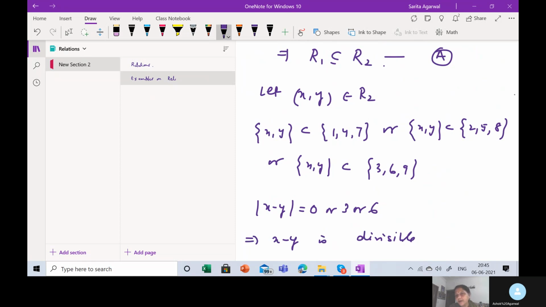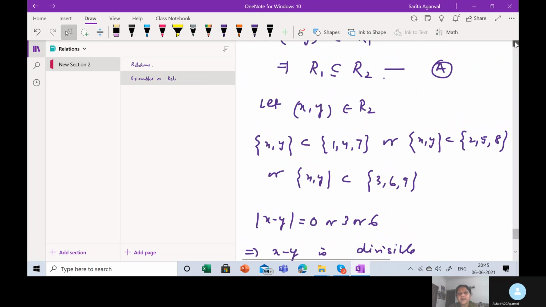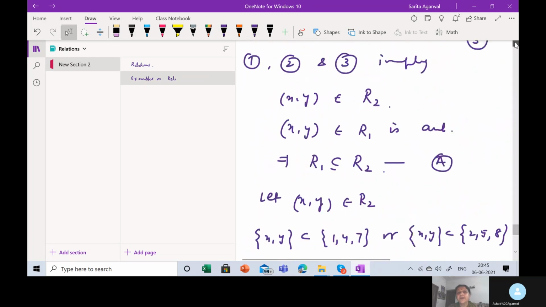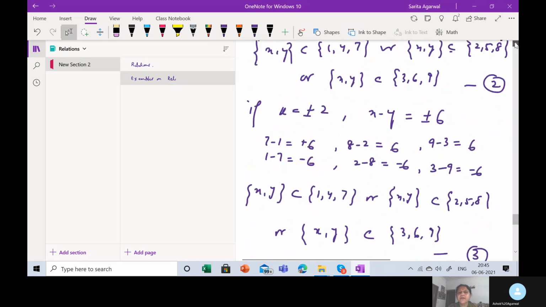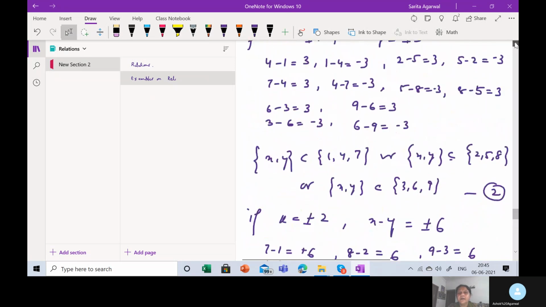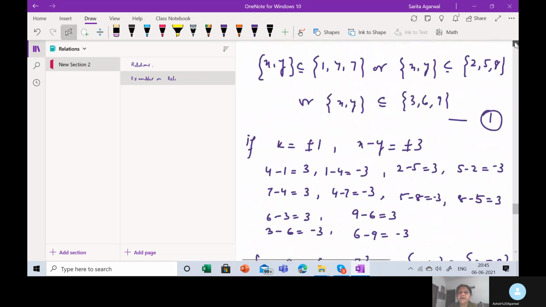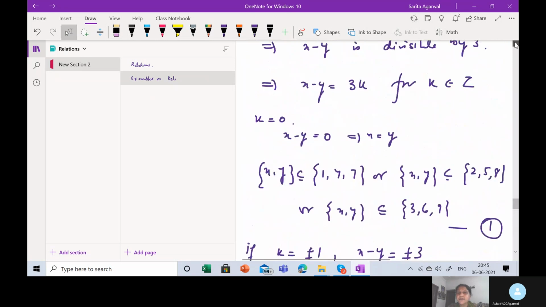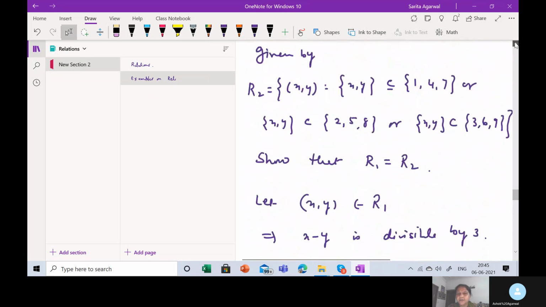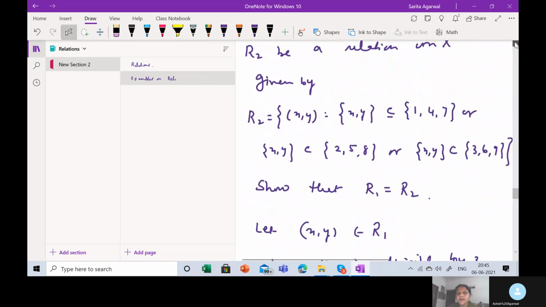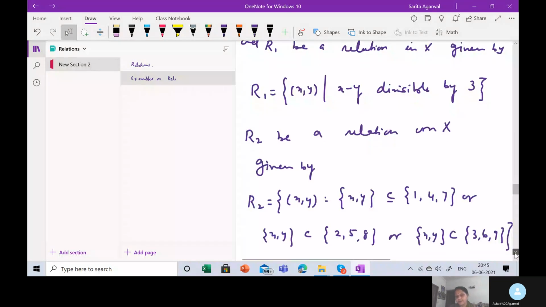Let me see what is in R1. What is written in the question? x minus y is divisible by 3.